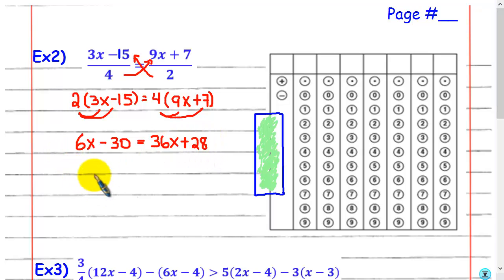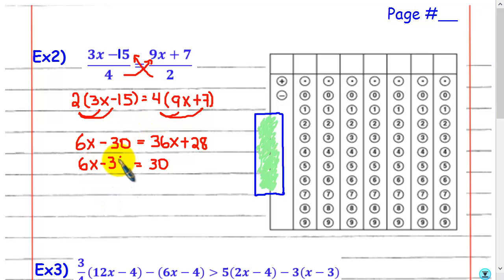Alright, now we're going to move the numbers around. Actually, the next step would be to combine like terms, but if you notice, on this side there's nothing to combine, nor on this side. So we go on to the next step, which is to move the numbers around. 6x has an x, so I leave it there. The 30 does not have an x, so we move it to the other side, so it becomes positive 30. The 36 needs to move, so it becomes negative 36.